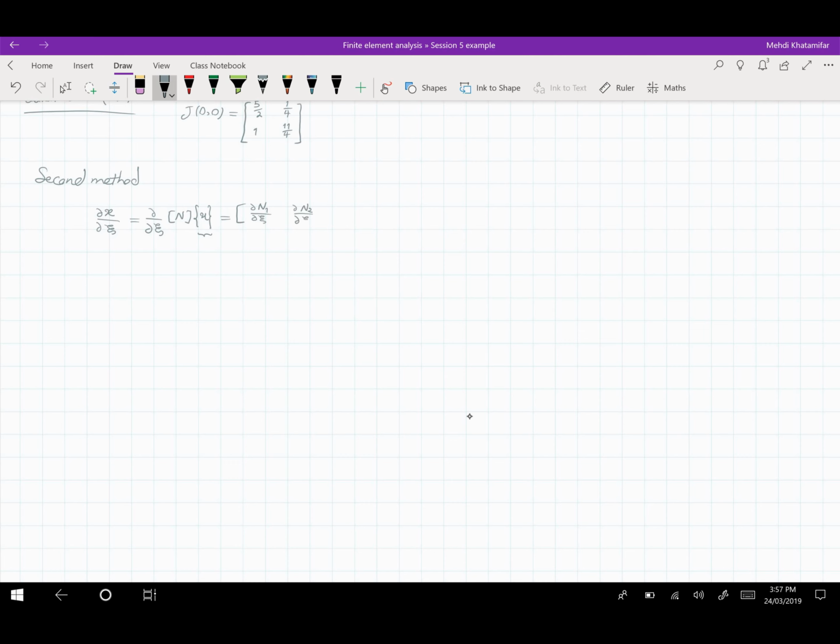n2 over psi, n3 over psi, and n4 over psi. This is my matrix times the vector of constant nodal values, which here is position.